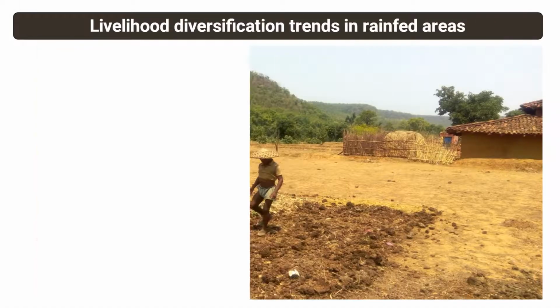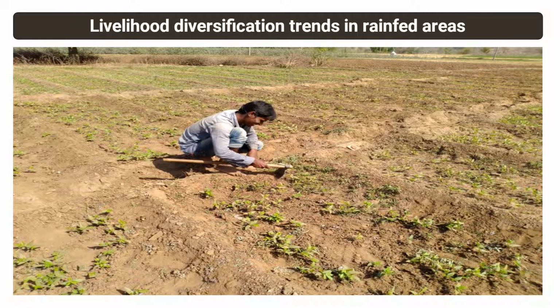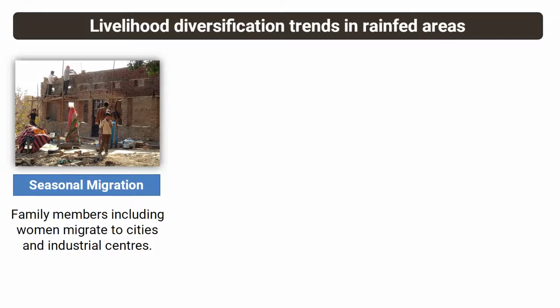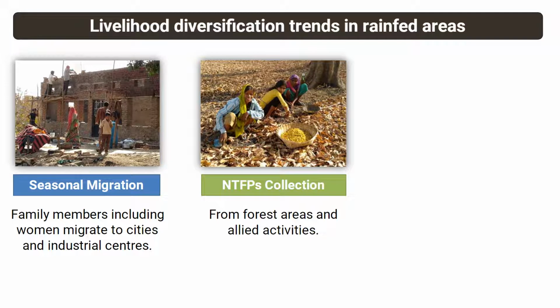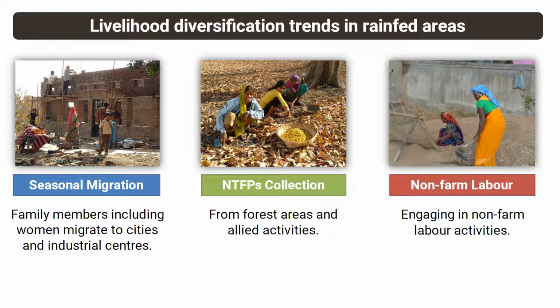Vinod, in the rain-fed areas, after harvesting kharif crops, farmers largely engage in three types of occupations in lean period: seasonal migration to cities and industrial centers, collection of non-timber forest products from forest and allied activities, engaging in non-farm labor activities. This is done to supplement the limited income from agricultural activities.